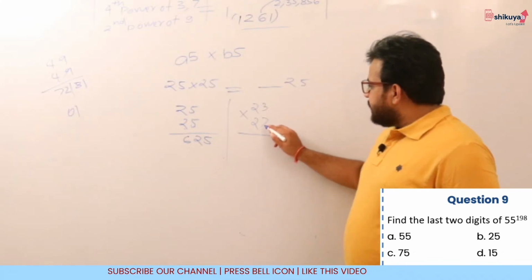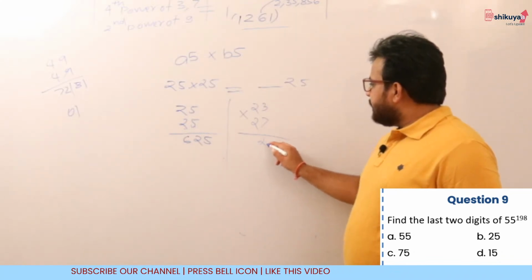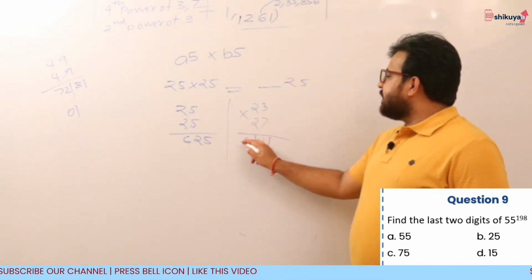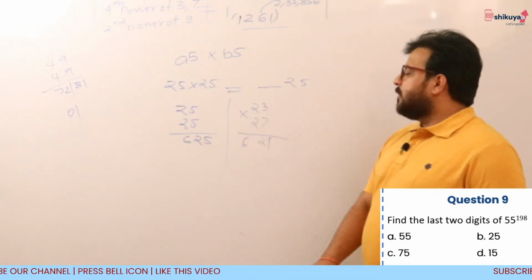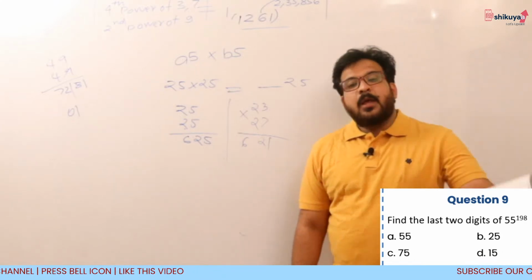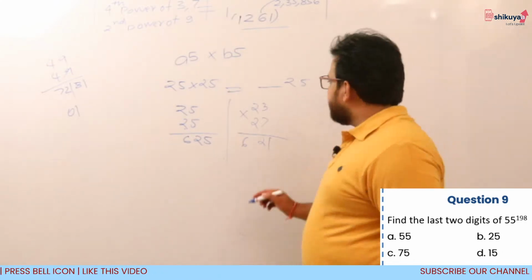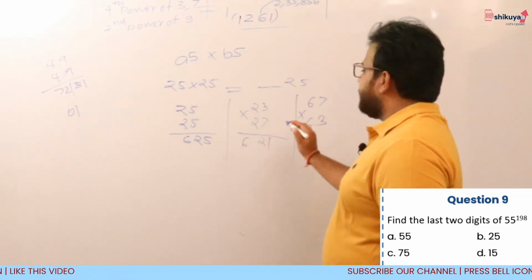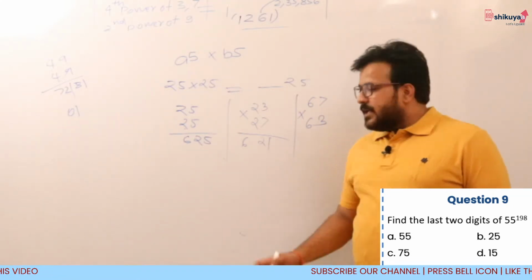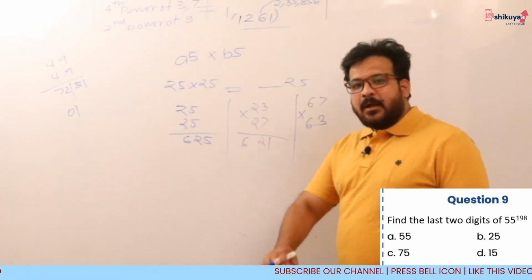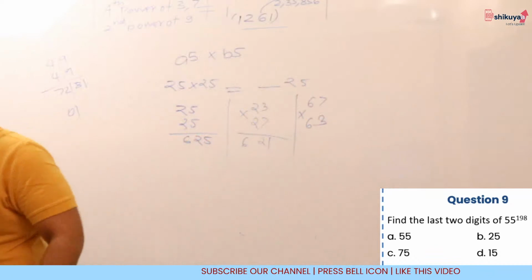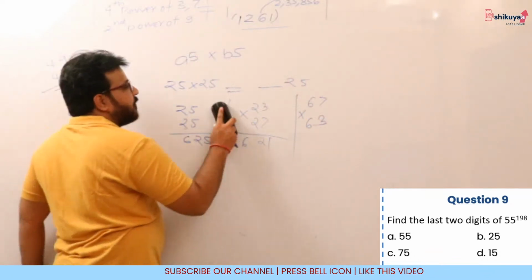The answer for this is 7 3s are 21, and 3 2s are 6, that is 621. Final answer is 621. I can use the same logic to multiply 67 into 63. That is the reason I said these all belong to the same family, but I will cover this in detail in my Vedic mathematics session, because we are running short of time.